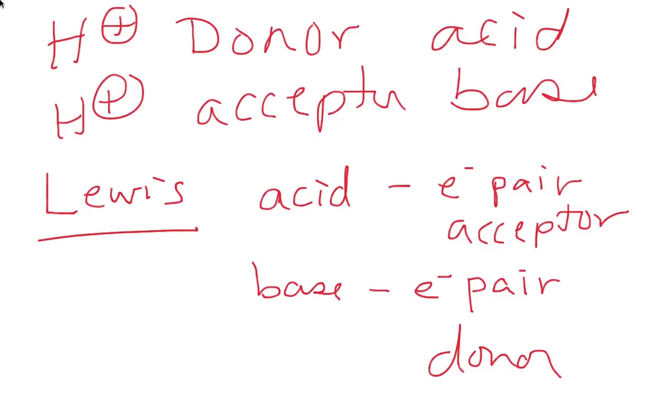Okay, slightly different, and the difference is because although H plus is certainly an electron pair acceptor, right? H plus will protonate or go to a lone pair and form a covalent bond to it.